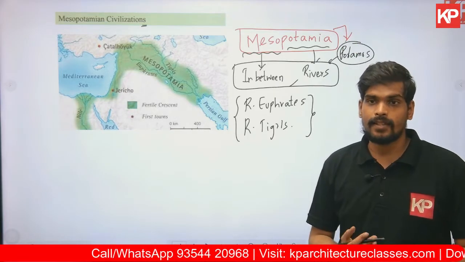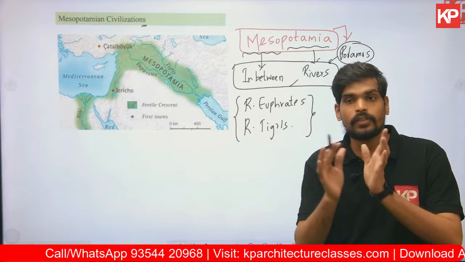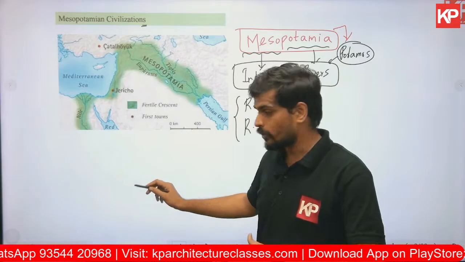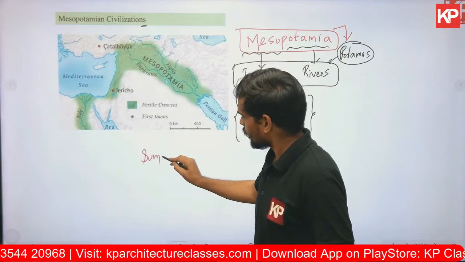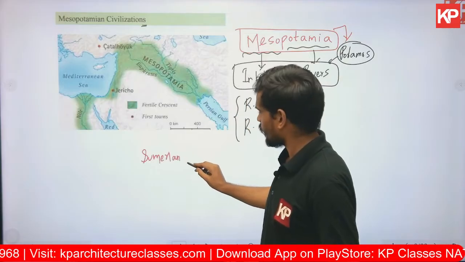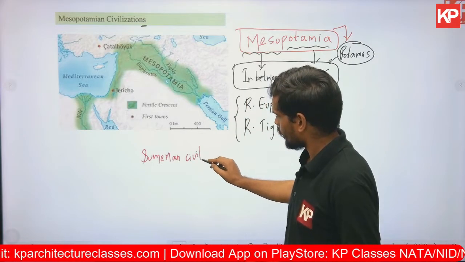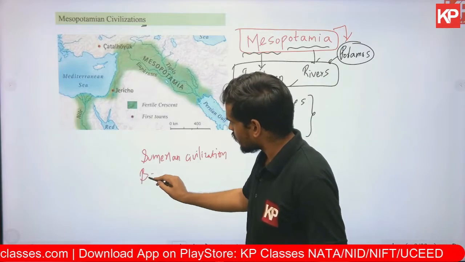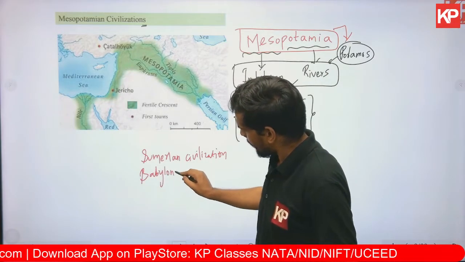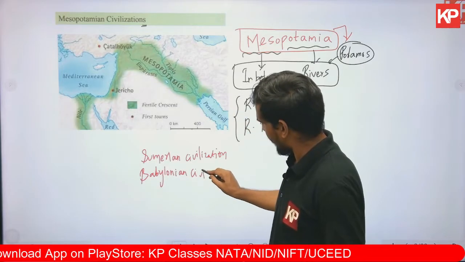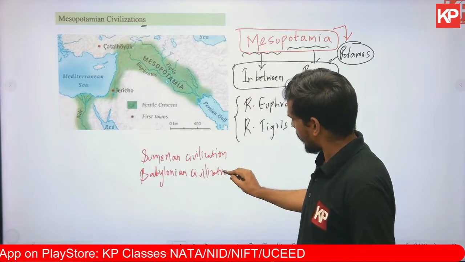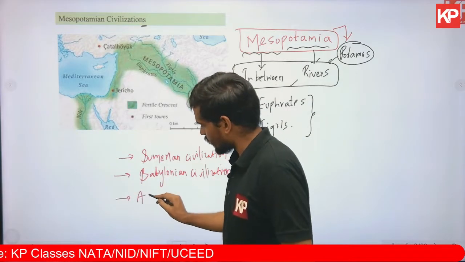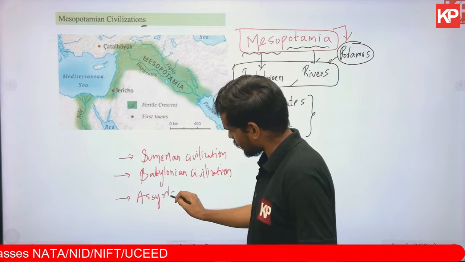What are the civilizations under it? Mesopotamian civilizations, I told you, is a group of civilizations. So under Mesopotamian civilizations, you have various civilizations like Sumerian civilization, Babylonian civilization, and Assyrian civilization.